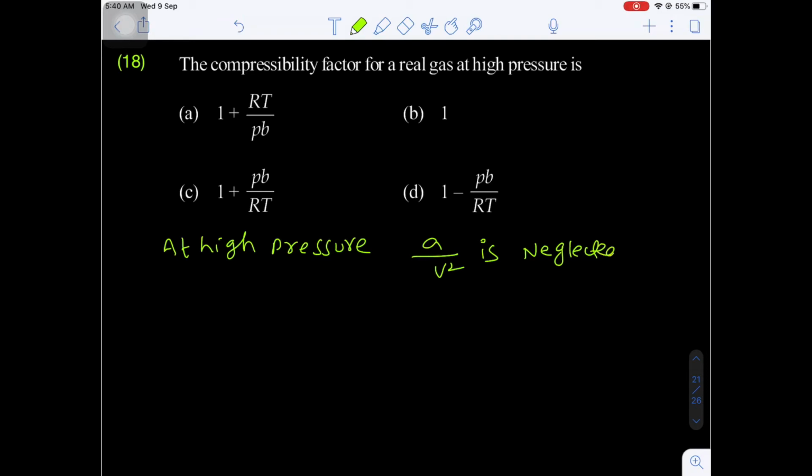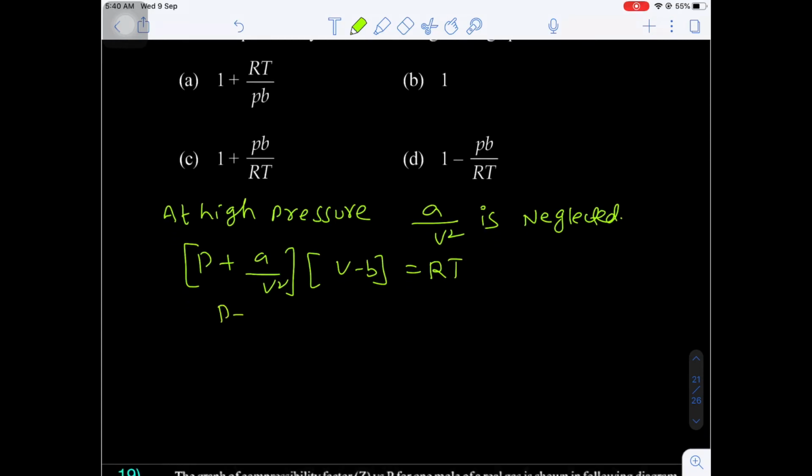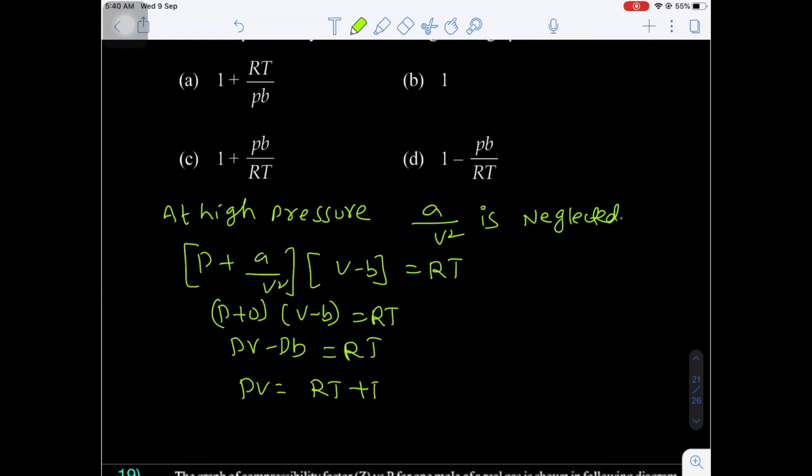So from the 1 mole van der Waals gas equation, (P plus A by V square) into (V minus B) equal to R times T, if I neglect A by V square, P plus 0 into (V minus B) equal to RT. So PV minus PB is equal to RT. So PV equal to RT plus PB, dividing RT on both sides.